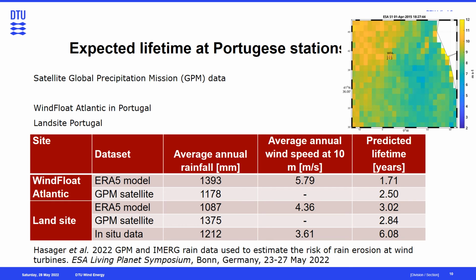This is during 5 years. And we see the predicted lifetime being about 2 to 3 years. At the land site, the local in situ data gives us a longer lifetime, but we don't exactly know why this difference occurs.